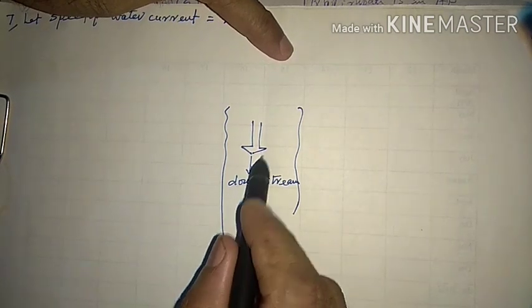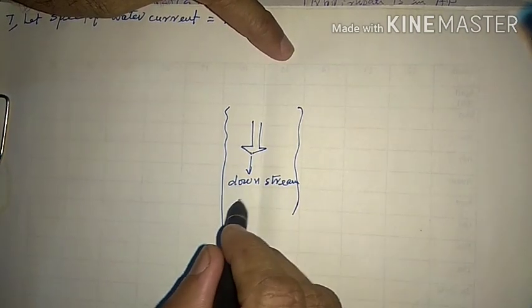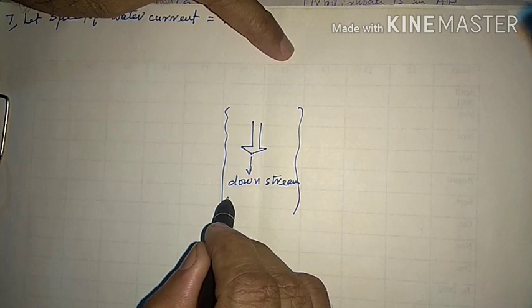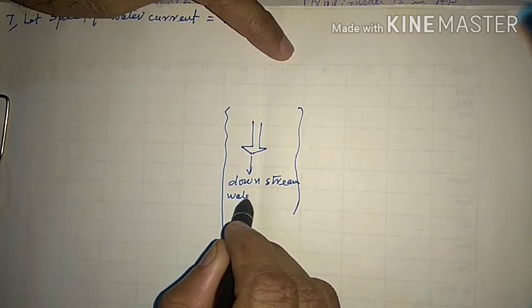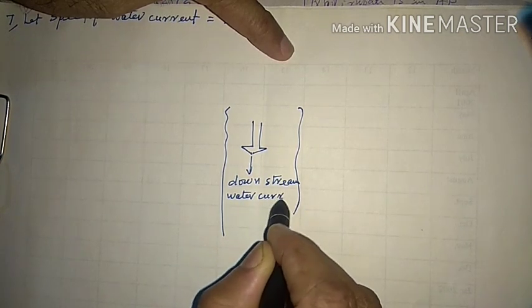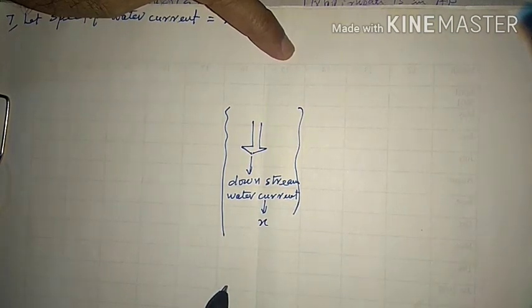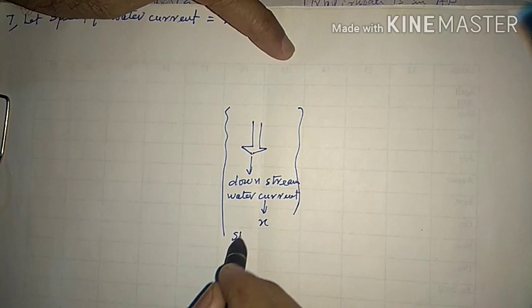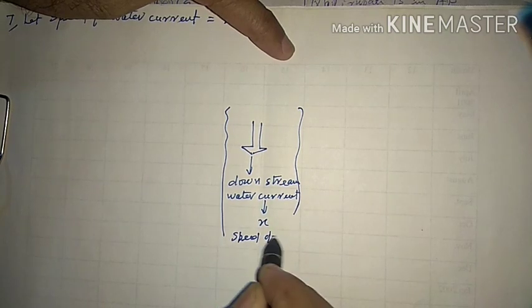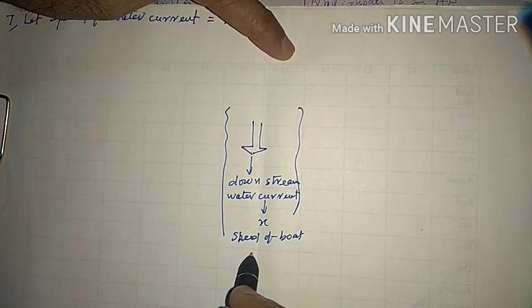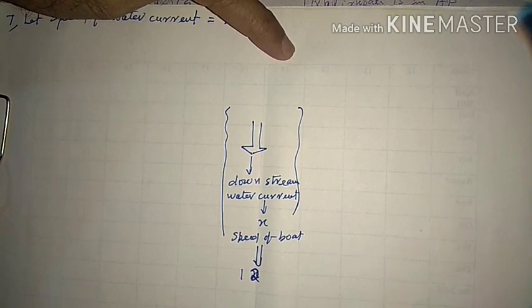What is the speed of water? Downstream, the water current is moving downwards this way with x kilometers per hour. Now the speed of boat also goes down in the same manner, that is 12 kilometers per hour.